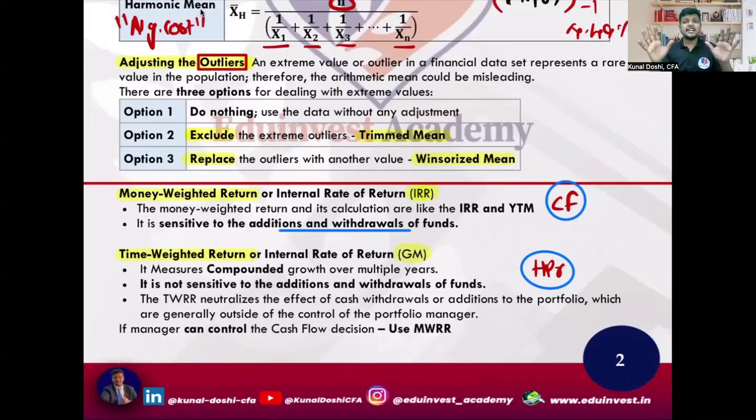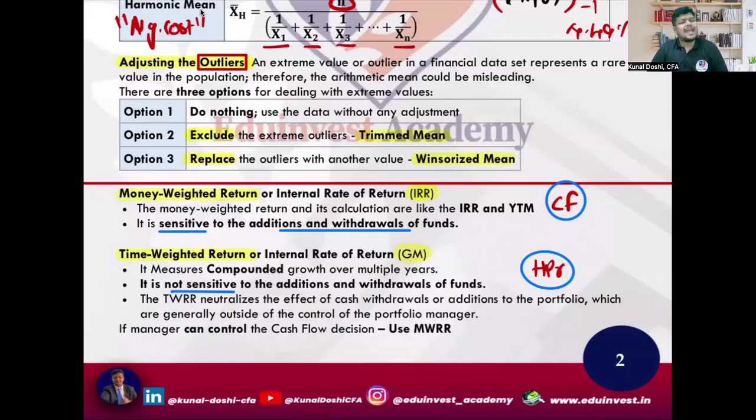But time weighted rate of return doesn't get affected by the cash inflow and outflow decisions. So in the exam, which one is sensitive to cash inflow outflow decisions or withdrawals and additions? Money weighted is sensitive, time weighted is not sensitive to additions and withdrawals. Keep this in mind.